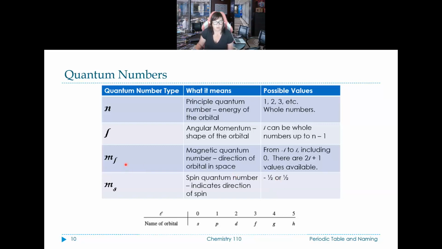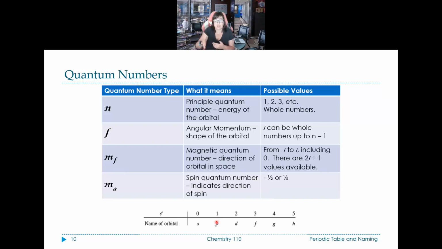ml is the magnetic quantum number. It tells me the direction of the orbital in space. So I have some of these where their number is more than 1, right? And that means that I'm going to have multiples of them, okay? So for an s type, there's only 1, and it's spherical. For a p type, there are actually 3 of them.